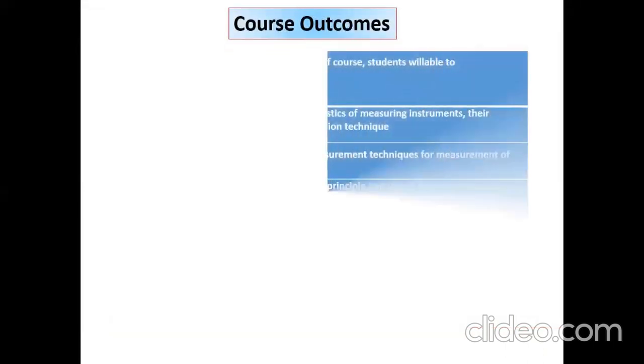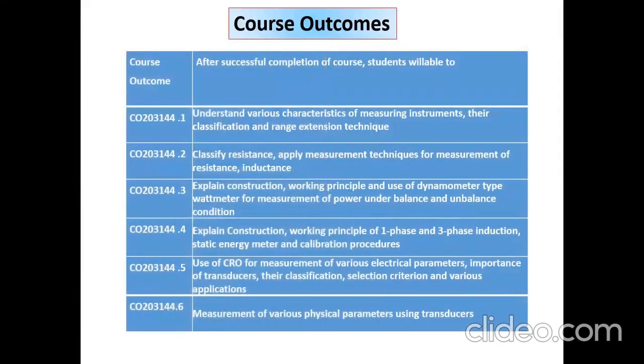This is the course outcomes of your EMI subject, that is Electrical Measurement and Instrumentation. After the successful completion of the course, the student will be able to understand various characteristics of measuring instruments, their classification and range extension techniques. In that, you have studied the characteristics of measuring instruments. What is a measuring instrument?